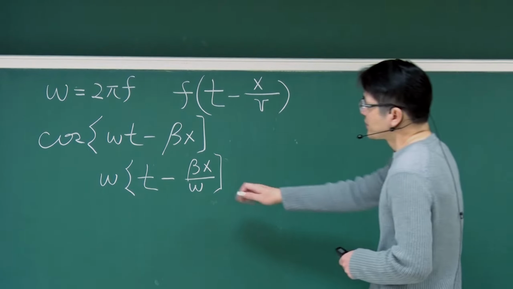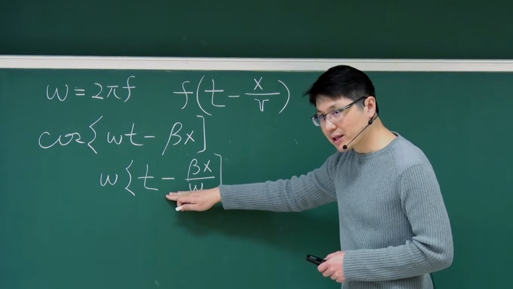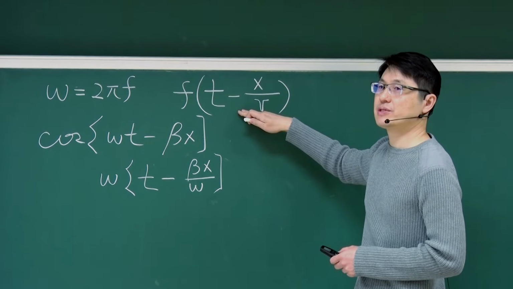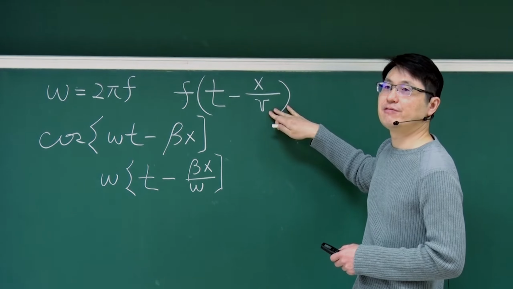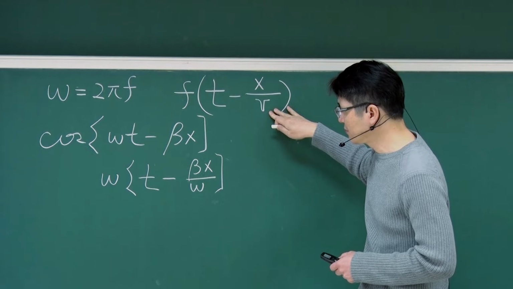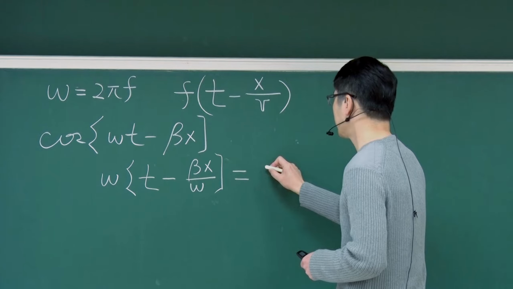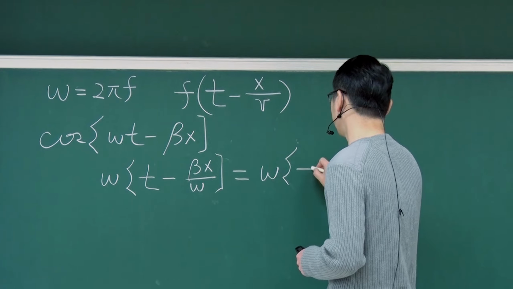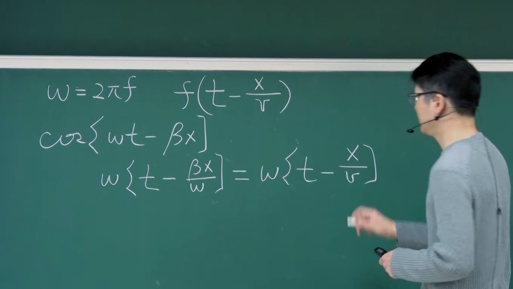All right, so this solution form can be compared directly to my general solution form, t minus spatial dependence divided by the velocity. So this means I can rewrite this as omega times (t minus x divided by v).